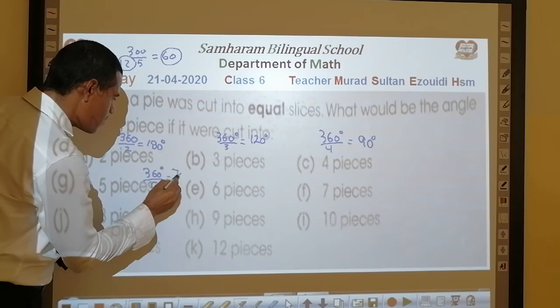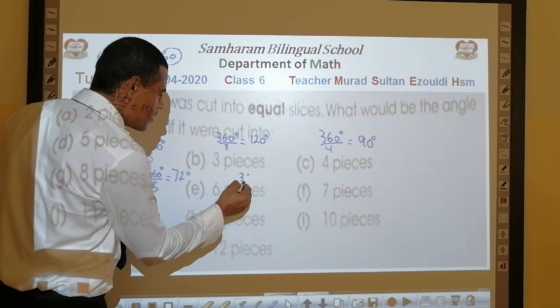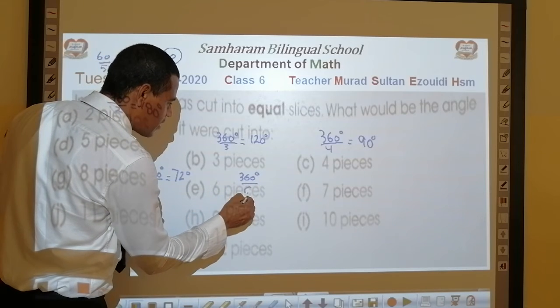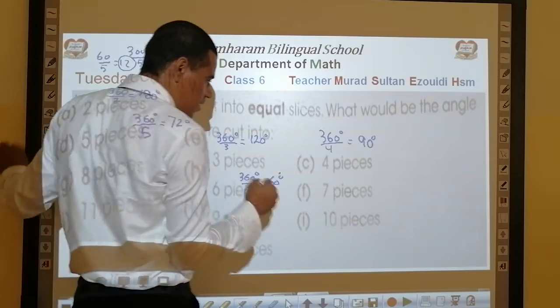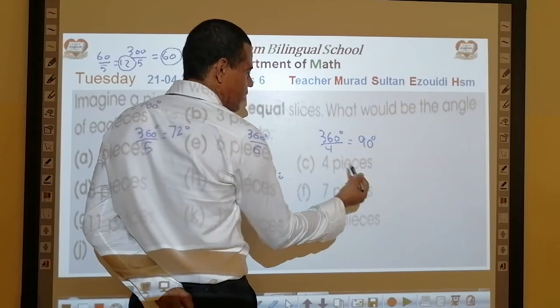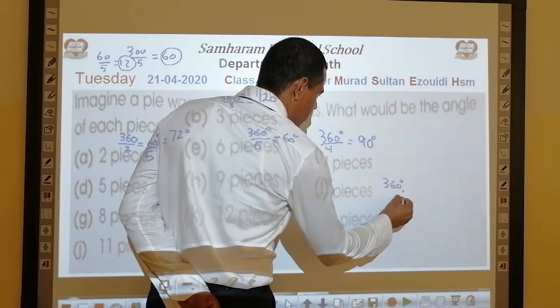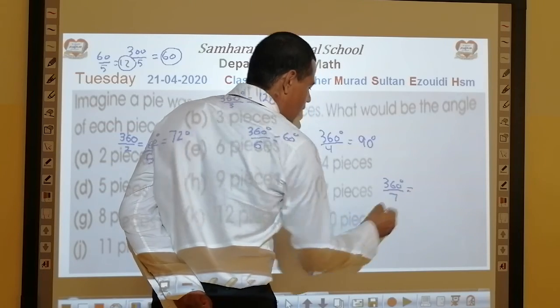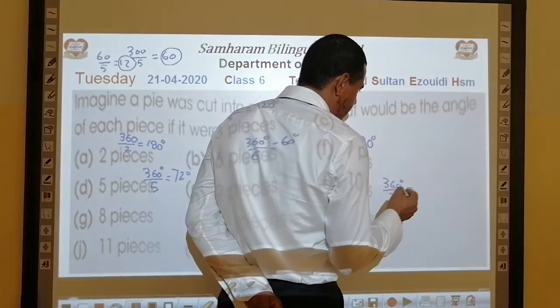So it's 72 degree. Then 6 pieces means 360 degree divided by 6 gives what? Gives 60 degree. 7 pieces, my kids. 4 pieces, we did it. 7 pieces means 360 degree divided by 7. Okay. So it will be what?